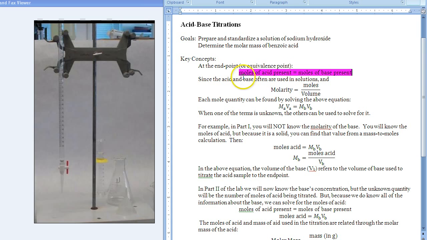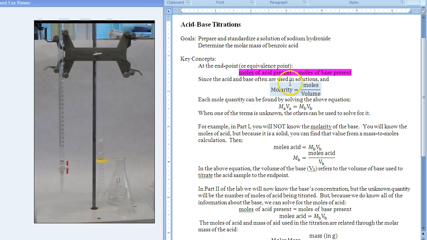Now, both the acid and the base will usually be in the form of solutions. And while the concentration of a solution can be measured in a number of ways, it's usually measured with molarity. Molarity, of course, is the moles of the solute, the actual acid or base, divided by the volume of the solution.